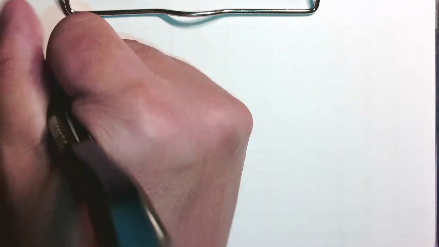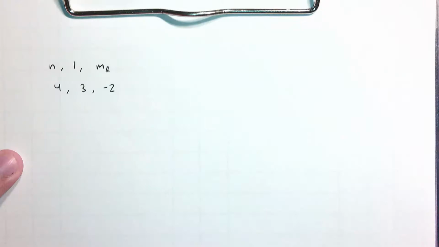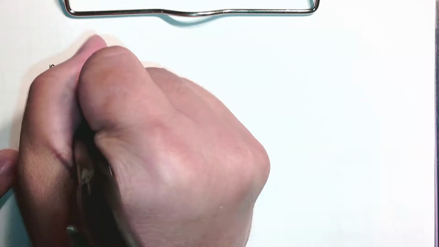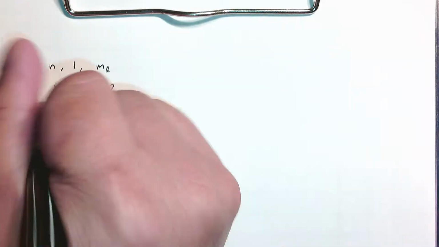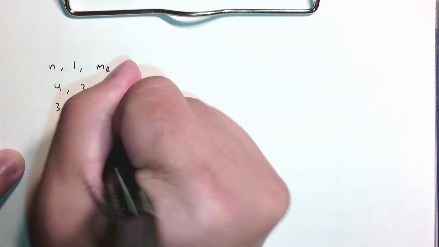Here we go. The first one: 4, 3, minus 2. The next, 3, 0, 1. The next, 2, 1, 1.